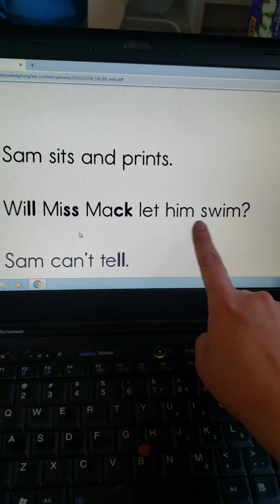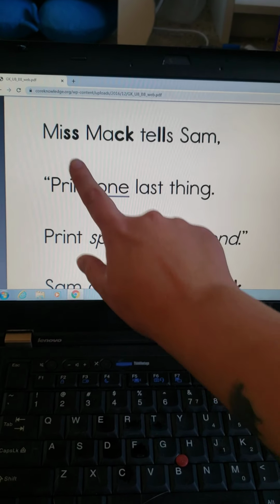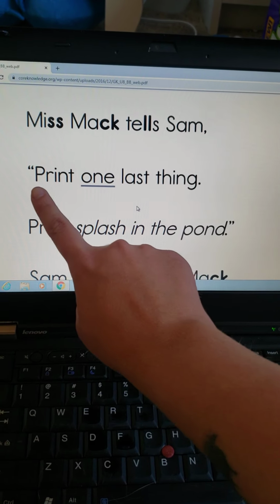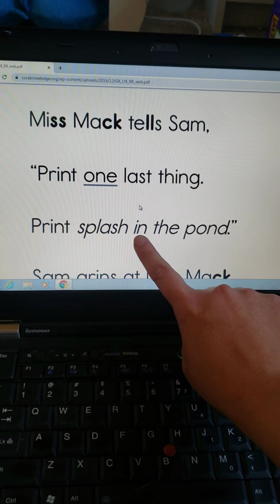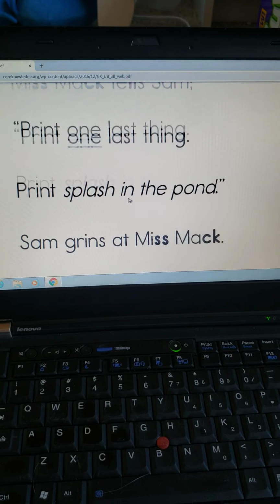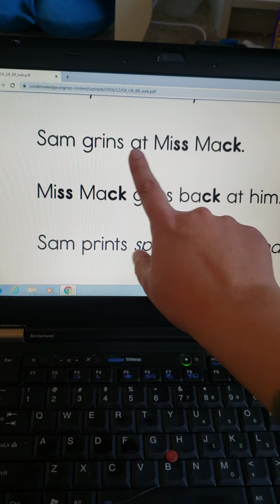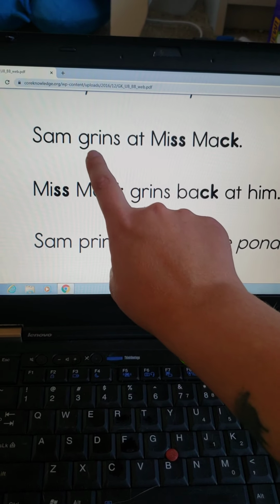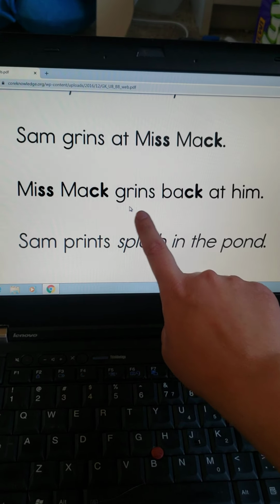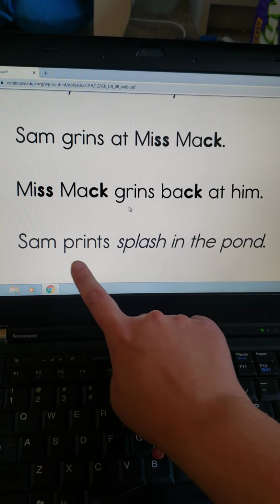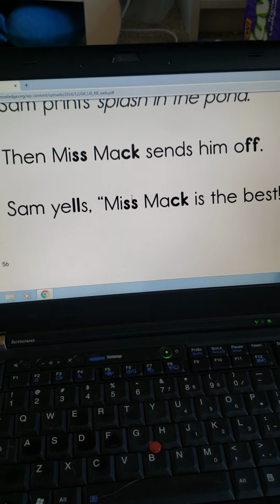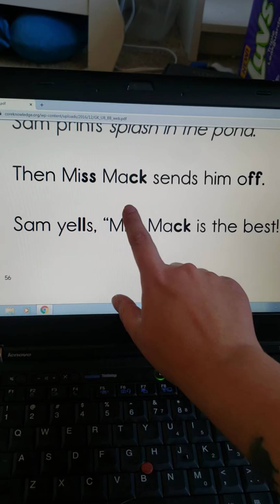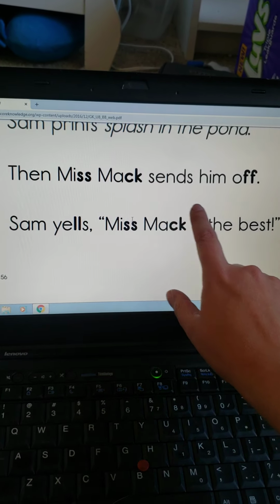So he's trying to fix his handwriting. Miss Mac tells Sam, print one last thing. Print splash in the pond. Sam grins at Miss Mac. Remember, that means to smile. Miss Mac grins back at him. Sam prints splash in the pond. Then Miss Mac sends him off. Sam yells, Miss Mac is the best.